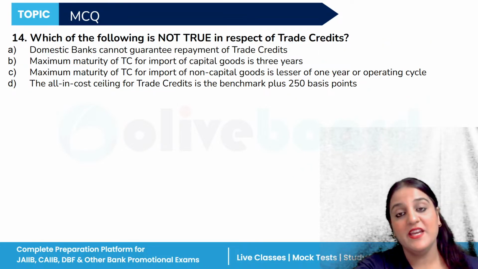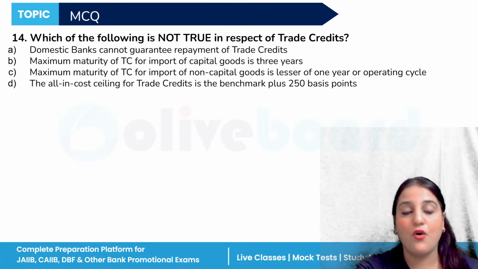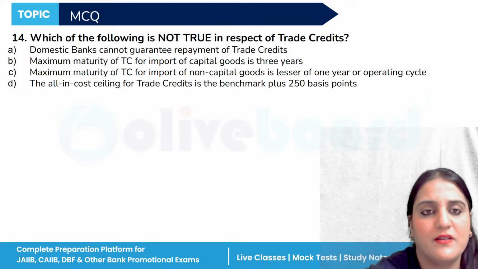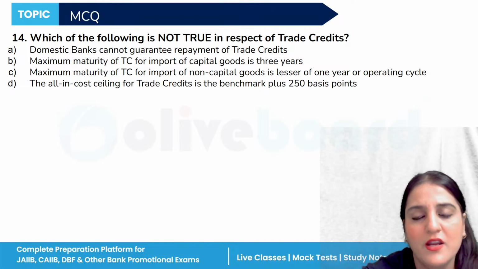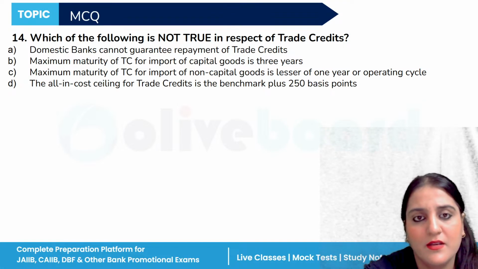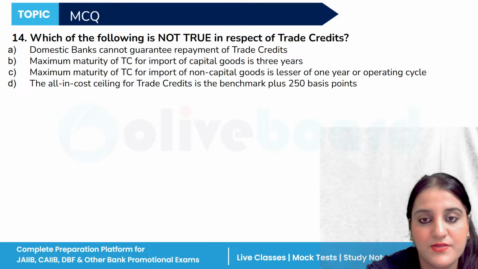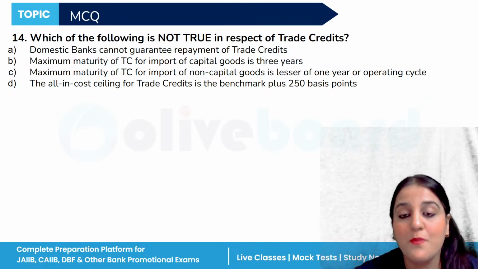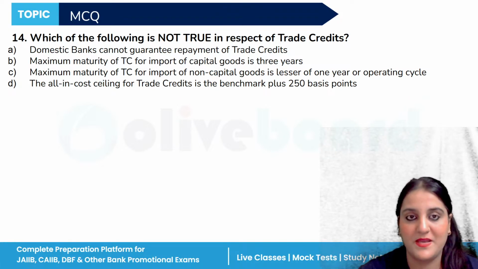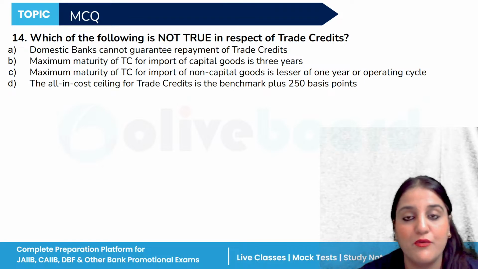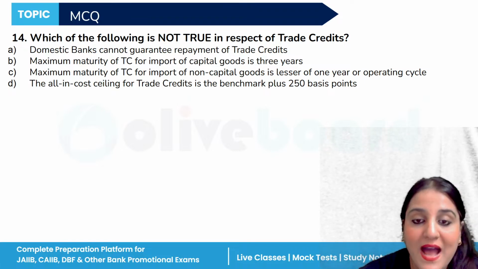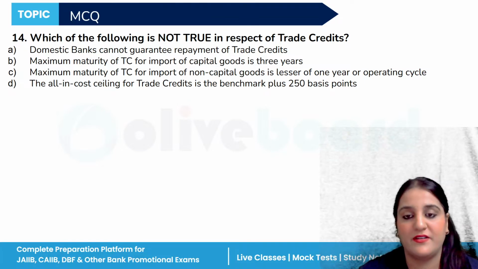Which of the following is not true in respect of trade credits? What is the meaning of trade credits? If we talk about trade credits, domestic banks can provide a guarantee for trade credits.